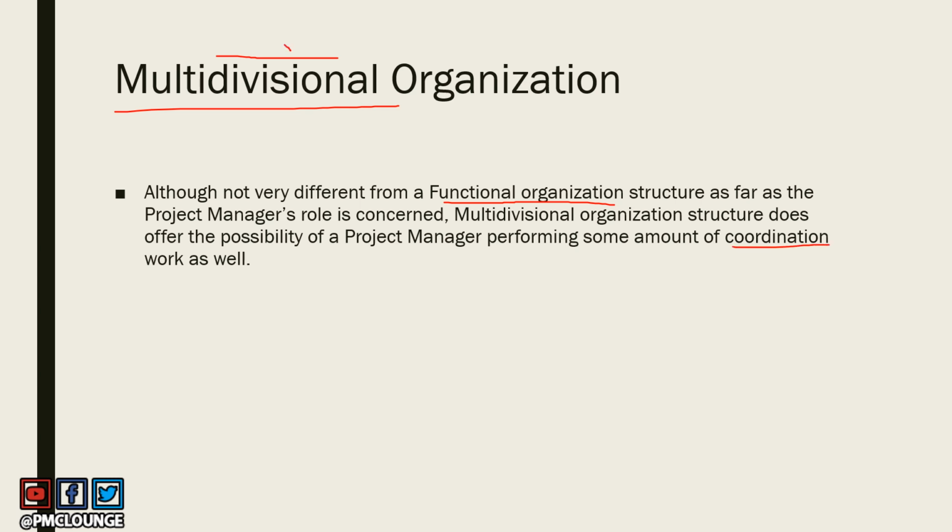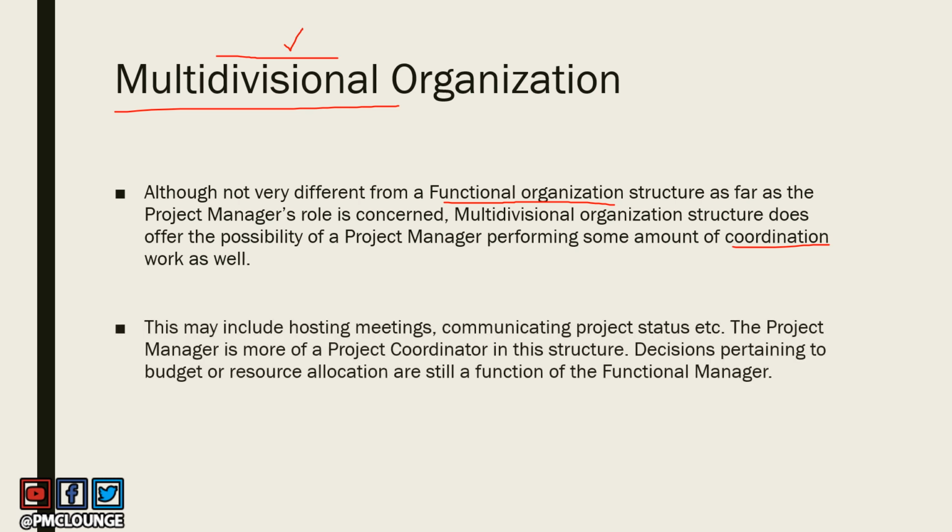Because this is a multi-divisional organization structure, which means different divisions may have different ways of managing projects. So what happens is you as a project manager could be hosting meetings, writing minutes of the meetings. You could be communicating project status even to higher management as well, right?